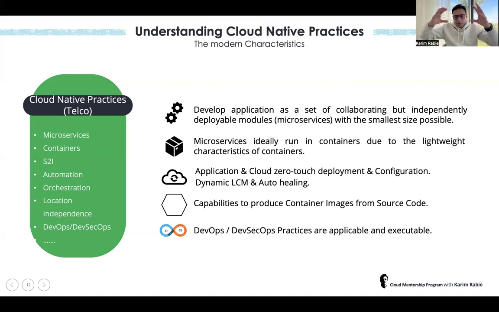So in the middle, there are capabilities to provide a container image from source code. And then applying the DevOps and DevSecOps practices, and we will have one session about that. Whenever it is there, that's also a practice of being cloud native. So these are all the factors that are projected into the definition of being cloud native.